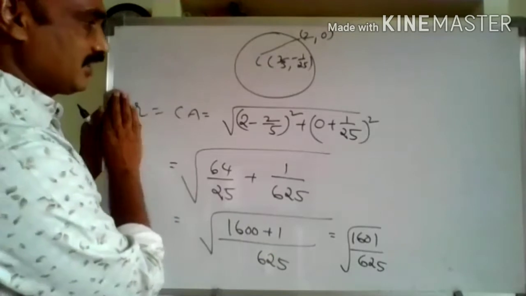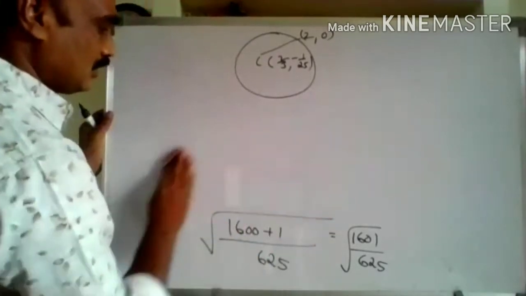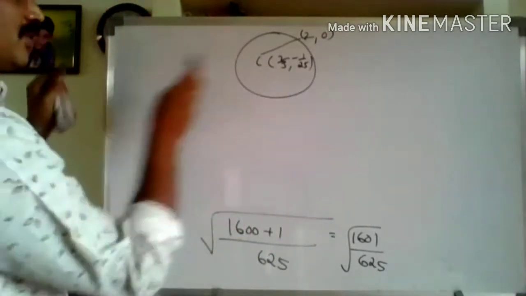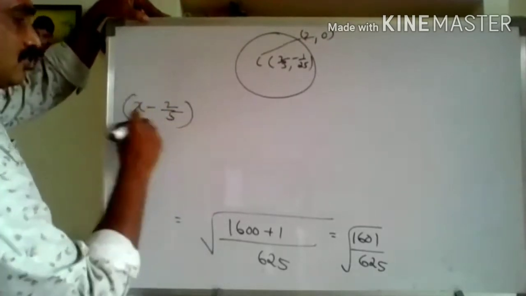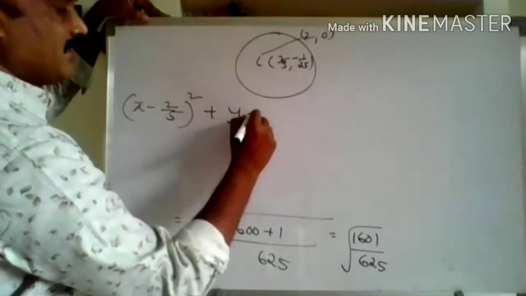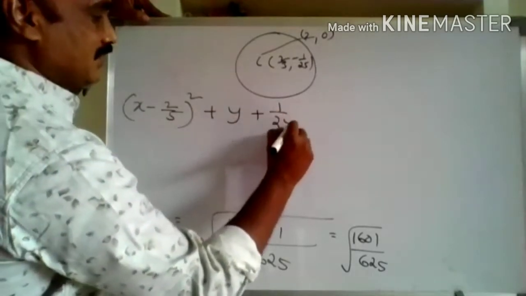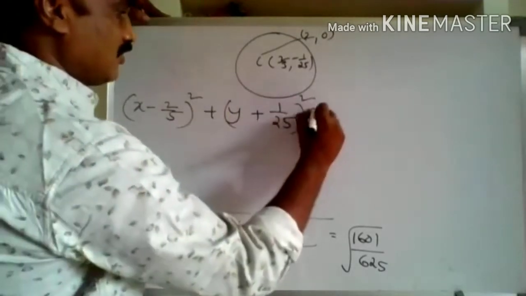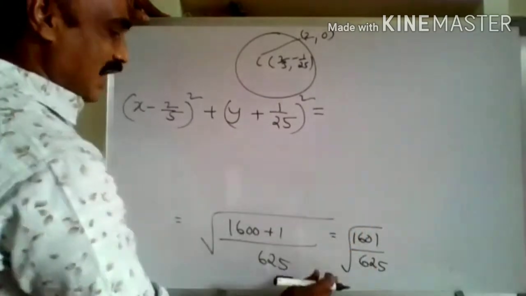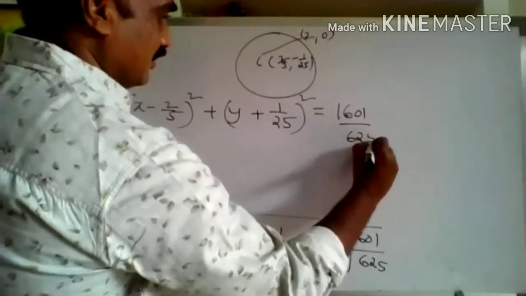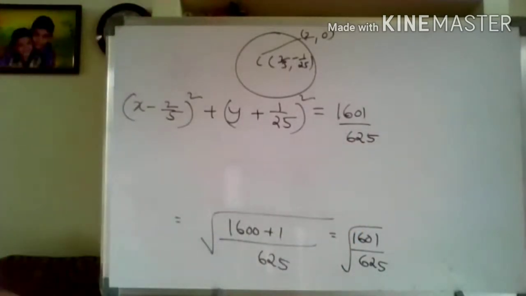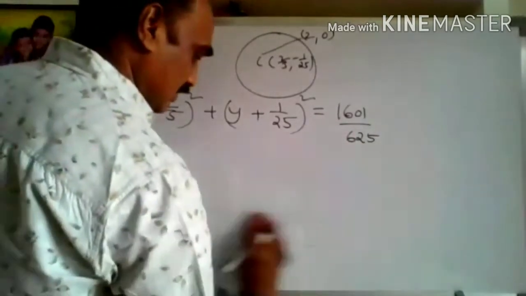Next, the circle equation: center h, k, so (x minus 2/5) whole square plus (y plus 1/25) whole square is equal to r square, which is 1601/625.